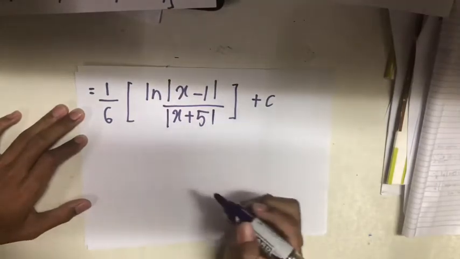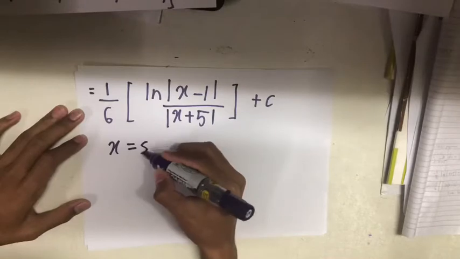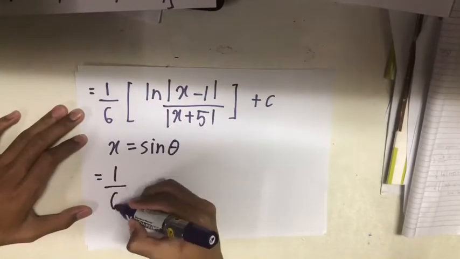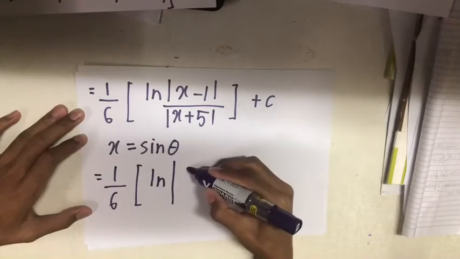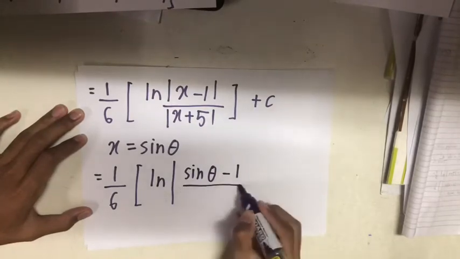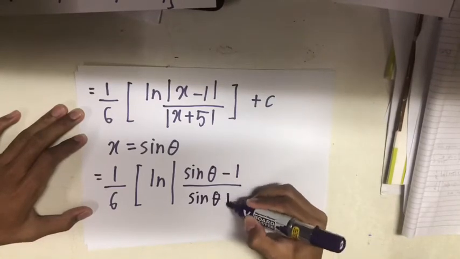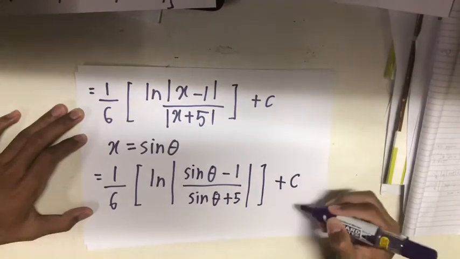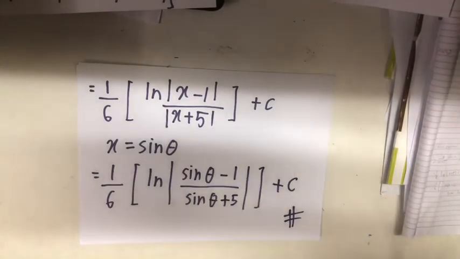Alright, so we can substitute x equal to sine theta. So the final answer is 1 over 6 ln of (sine theta minus 1) over (sine theta plus 5), plus c. Alright, this is the final answer. Thank you.